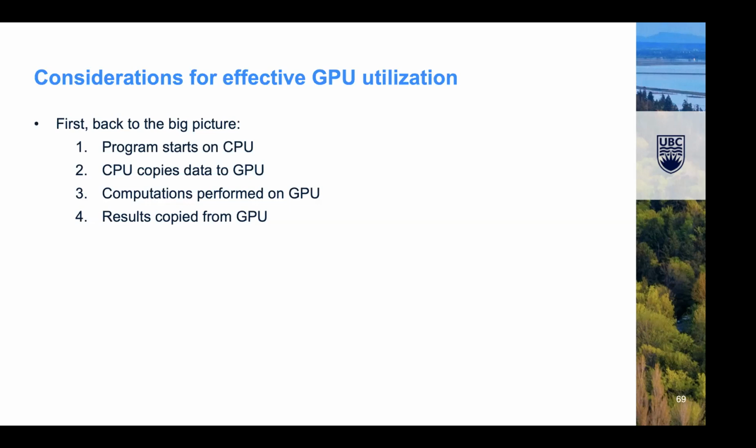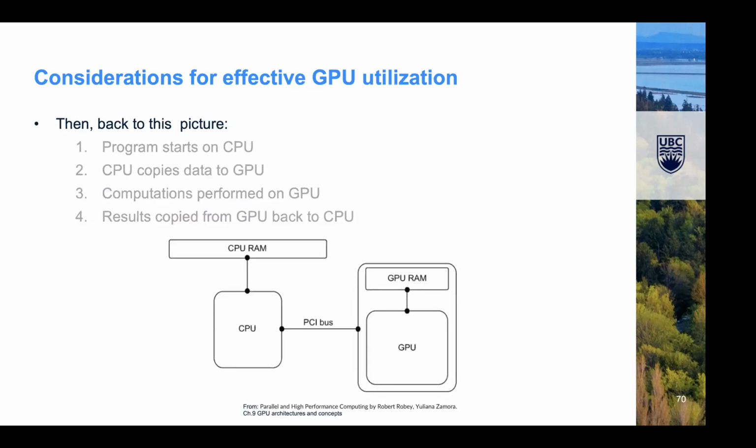So it's good when you're doing this to conceptualize: is data getting onto the GPU, is the right analysis being done on the GPU, and how well. Back to this picture, a very basic diagram, but I think there's a lot of good information in here. One thing to remember, as the CPU and the GPU communicate, one of the biggest bottlenecks is that communication between the CPU and the GPU.